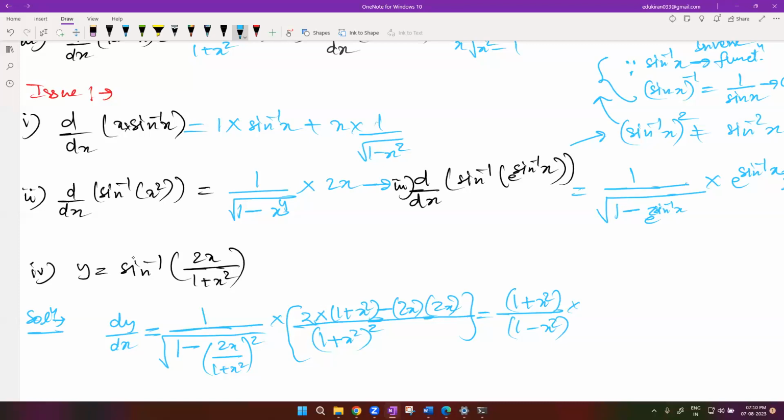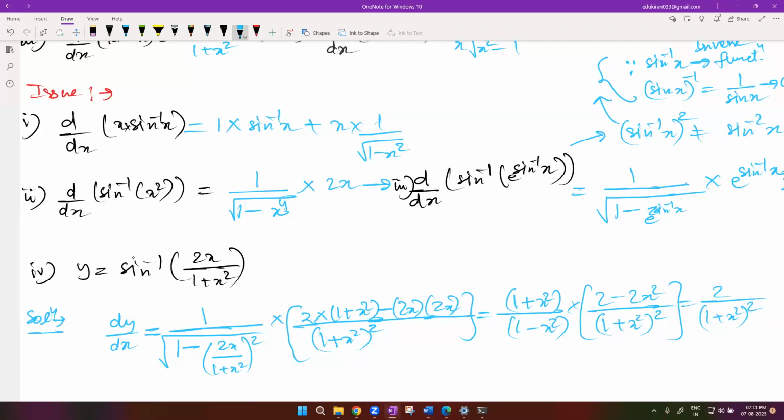This will be simplified to this, then divided by 1 plus x squared, whole squared, and this will be 2 plus 2x squared minus 4x squared. So this will be 2 minus 2x squared, right? And 2 you can take common, so this will be 1 minus x squared. They both will be cancelled out. This will be 2 upon 1 plus x squared, whole squared.